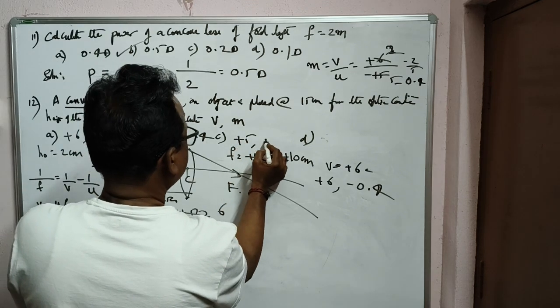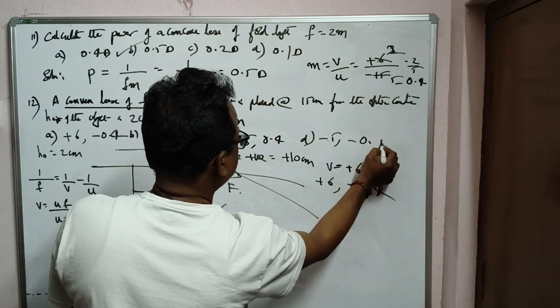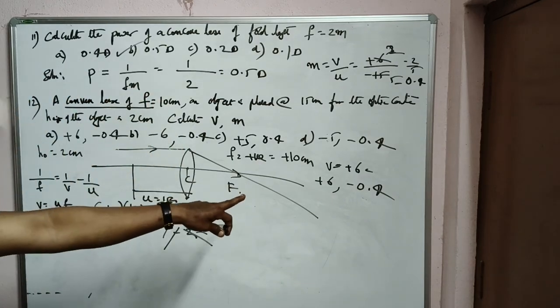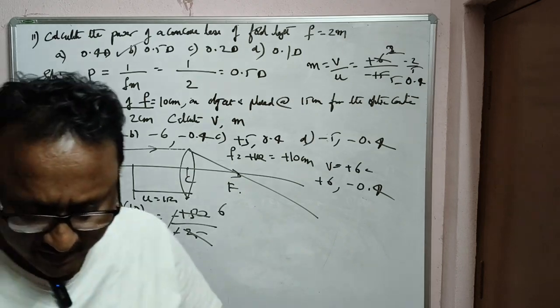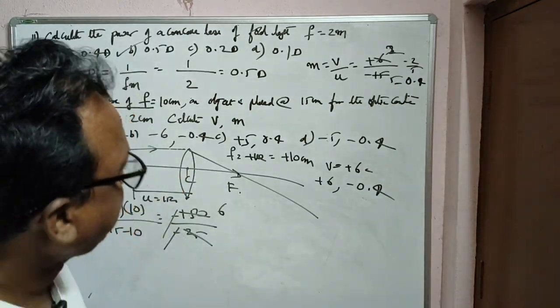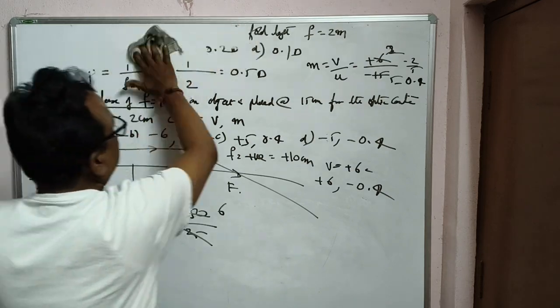We got plus 6, minus 0.4. So this is the value of V and magnification. You have to be very careful. Sometimes if data is not given properly, you have to check by solution, please. That is the 12th problem.